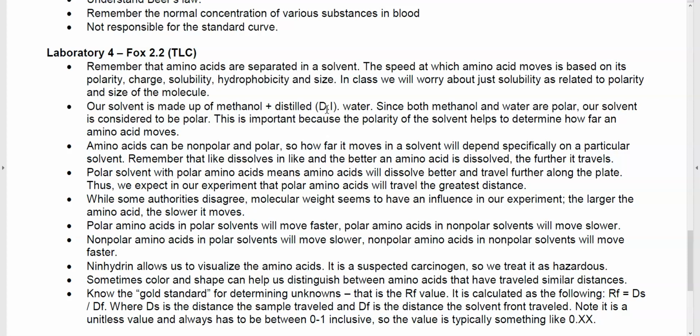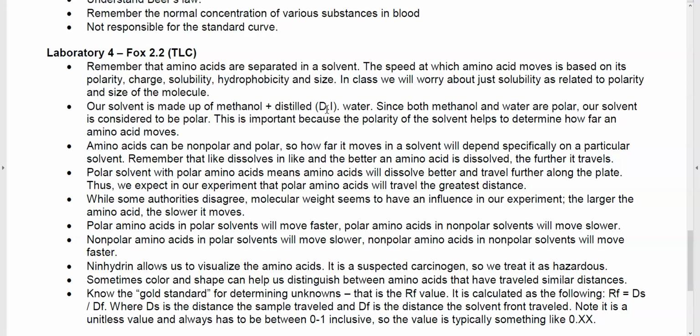So the amino acids are separated in a solvent, okay? And the speed at which an amino acid moves in the solvent is based on a number of different things, okay? Its polarity, its charge, its solubility, something called hydrophobicity, and its size. In this class, we're not going to worry about all those. We're going to worry about two things.